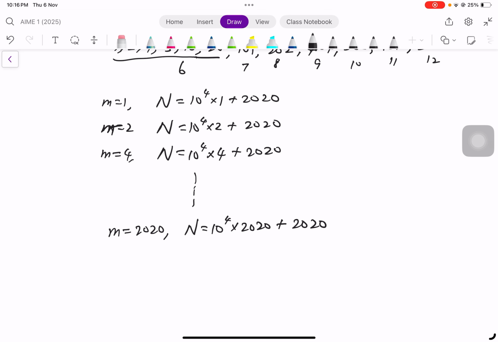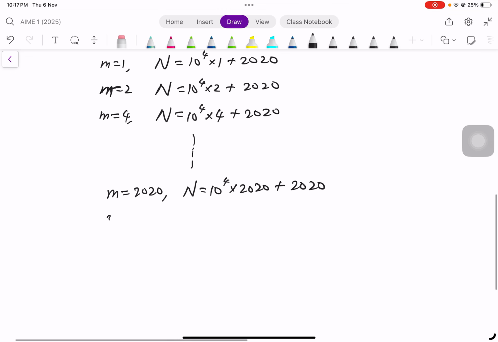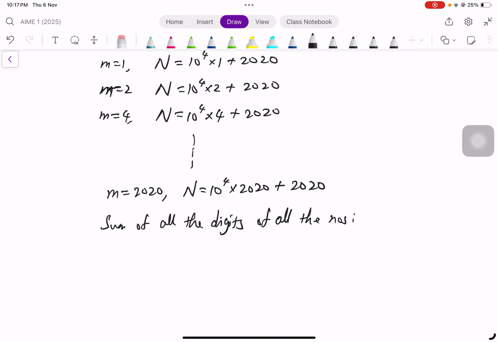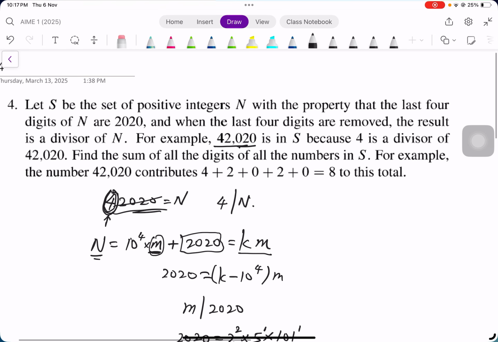Therefore, the sum of all these digits, the sum of all the digits of all the numbers in S. S is the set of positive integers with the property that the last four digits of n are 2020, and when the last four digits are removed, the result is a divisor of n.